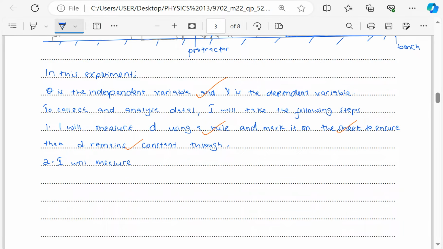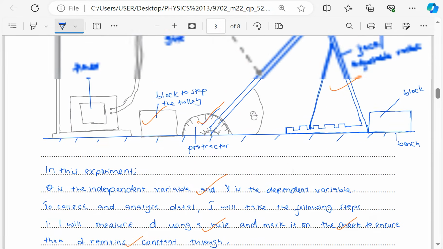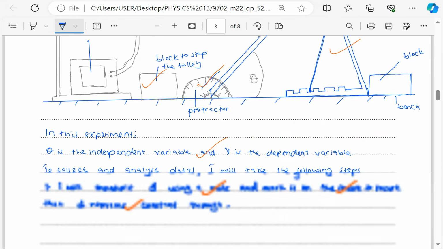I will measure M using a balance. And of course, there was also B, which was the magnetic flux density of the magnet.